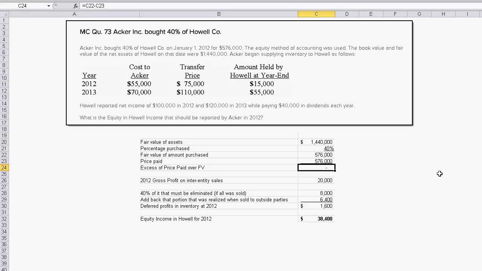Okay, now next, we want to determine what was the 2012 gross profit on the intercompany sale. So if we subtract the $55,000 cost from the $75,000 transfer price, we know that there was a $20,000 gross profit recorded by Acker on its books, right?